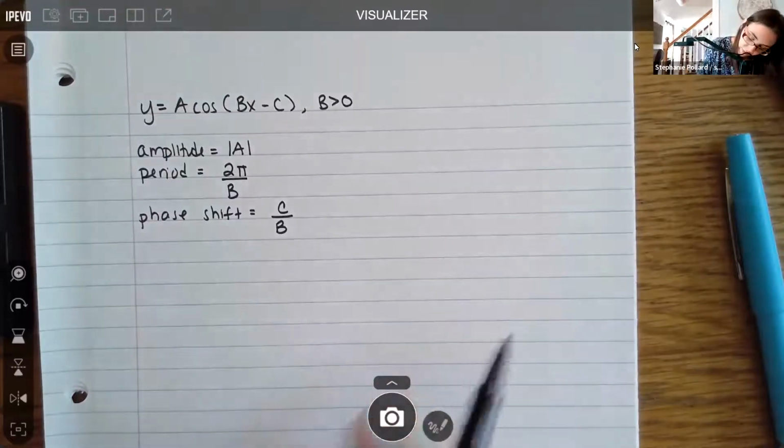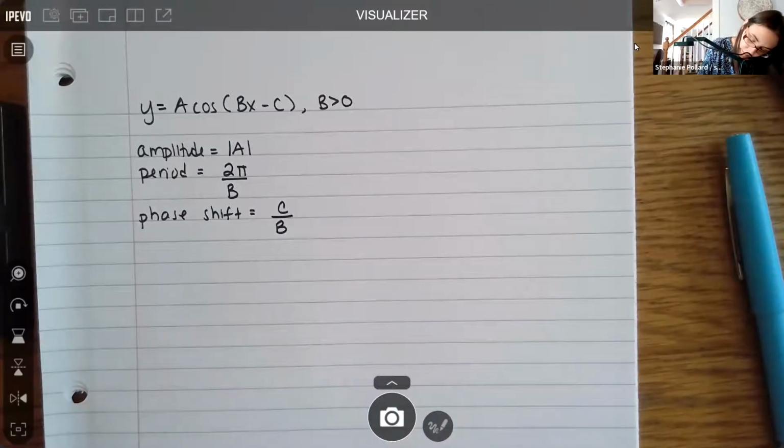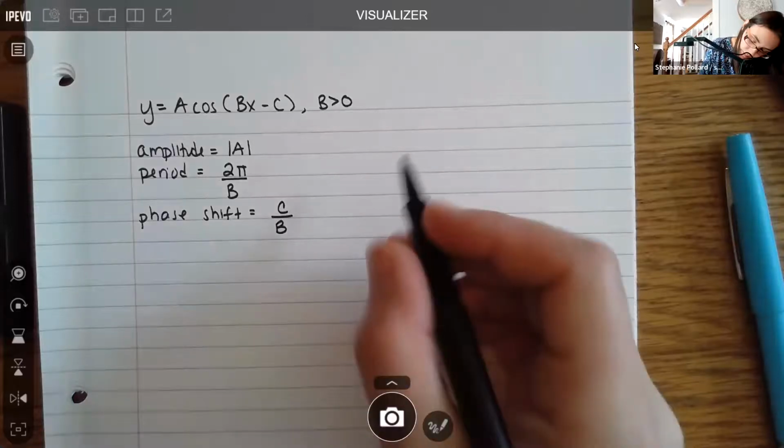And again, this is the start of the cycle or period, however you want to think of it, if it's not x equals 0. So if there's no phase shift, you're starting at 0.